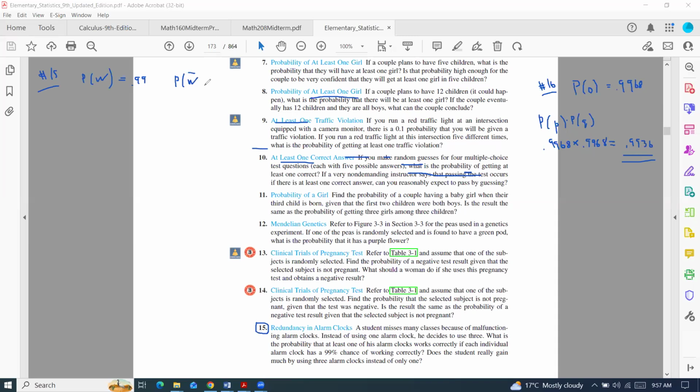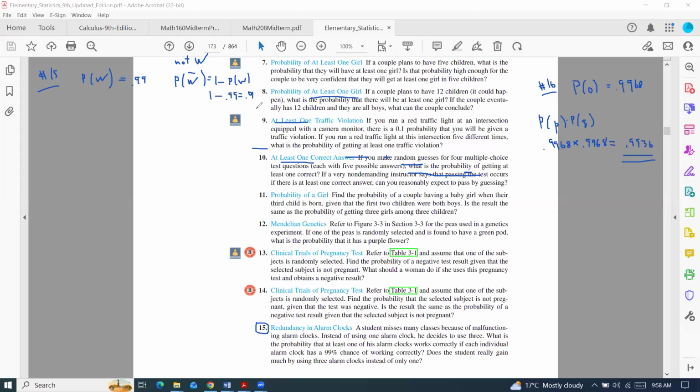Remember, we used to call it with a bar. A not-working alarm clock means it's 1 minus the probability that it's working. Or one can intuitively say, if you subtract 99% from 100%, then there will be a 1% chance that the alarm fails, 0.01.